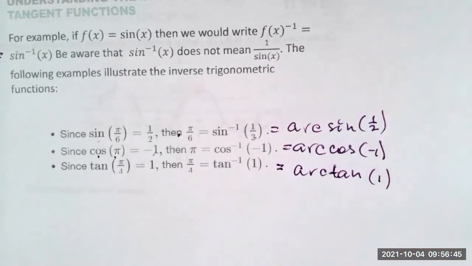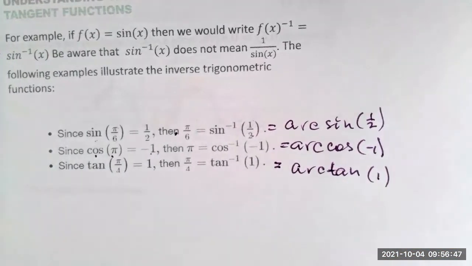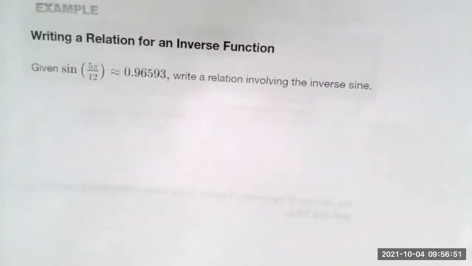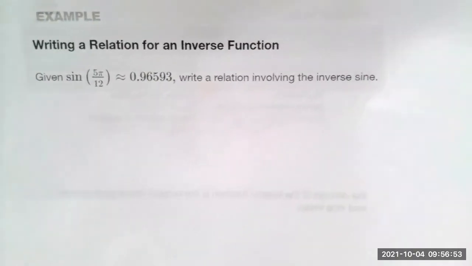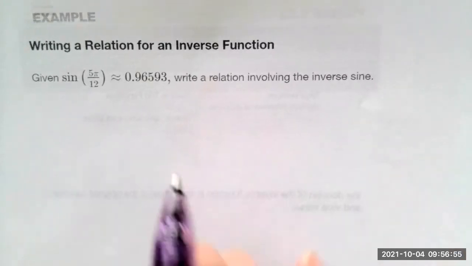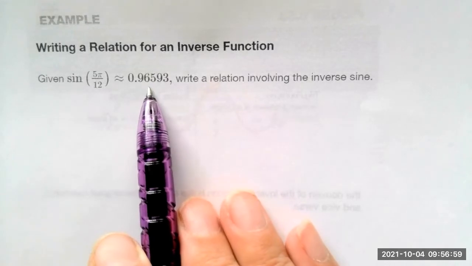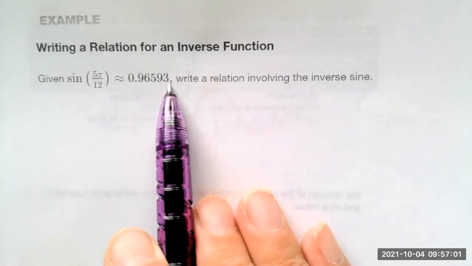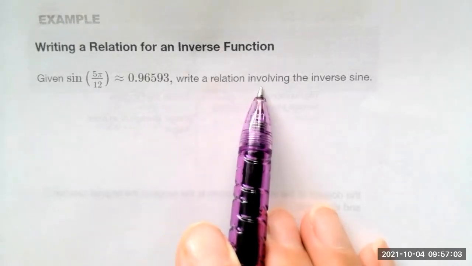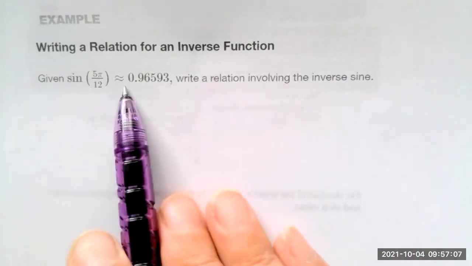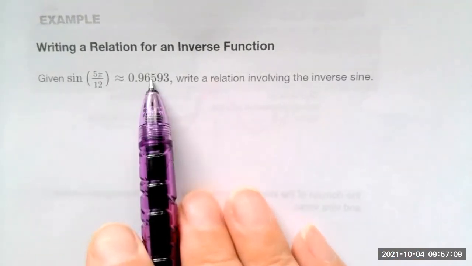Okay, so let's calculate it. Given sine of 5 pi over 12 equals 0.96593, write a relation involving the inverse sine. So basically there are no unknowns here.